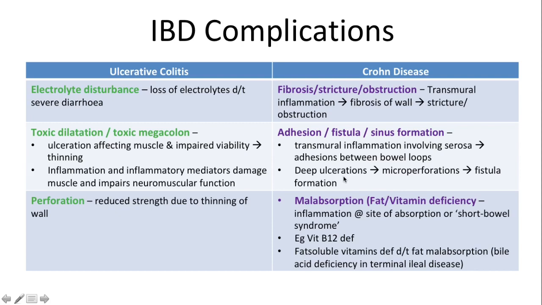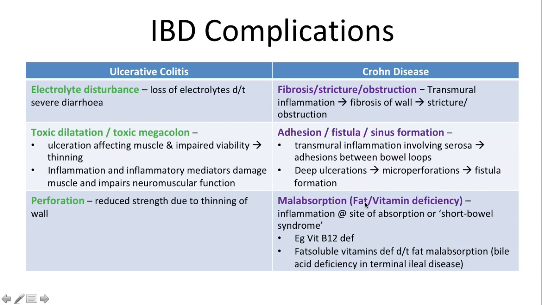And we talked about the pattern of ulcer in Crohn's disease, which tends to be deep and fissuring, and this can lead to microperforations, so small areas of perforation in the bowel, which can connect to cavities or two lumens of loops of bowel together, and this leads to fistula formation.